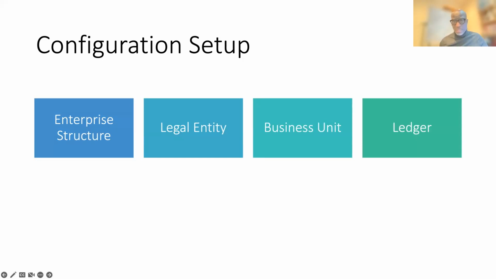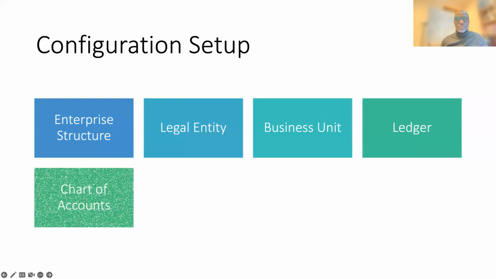We're going to talk a little bit more about the ledger and what actually makes up the ledger. We mentioned it briefly yesterday in terms of the chart of accounts, the calendar, and so on. So we're going to be looking at the chart of account structure. We're going to have 1 chart of account structure, and we'll have 7 predefined segments, including 2 flexible segments.